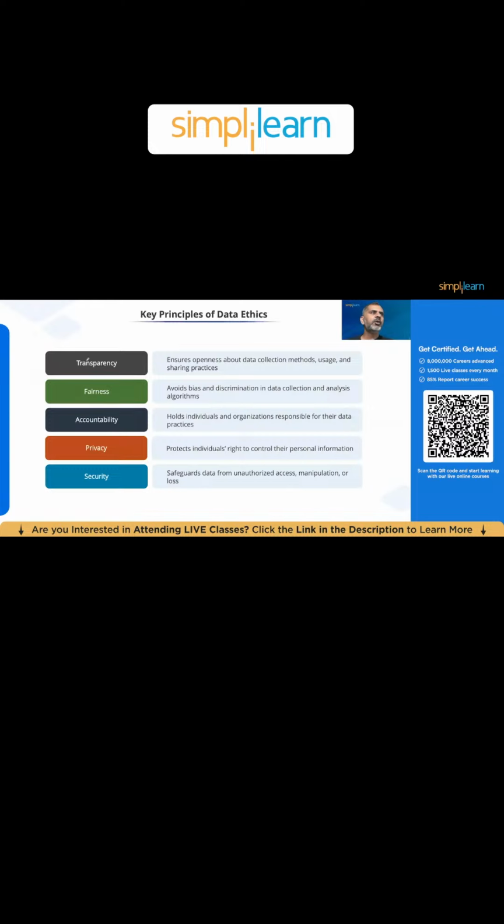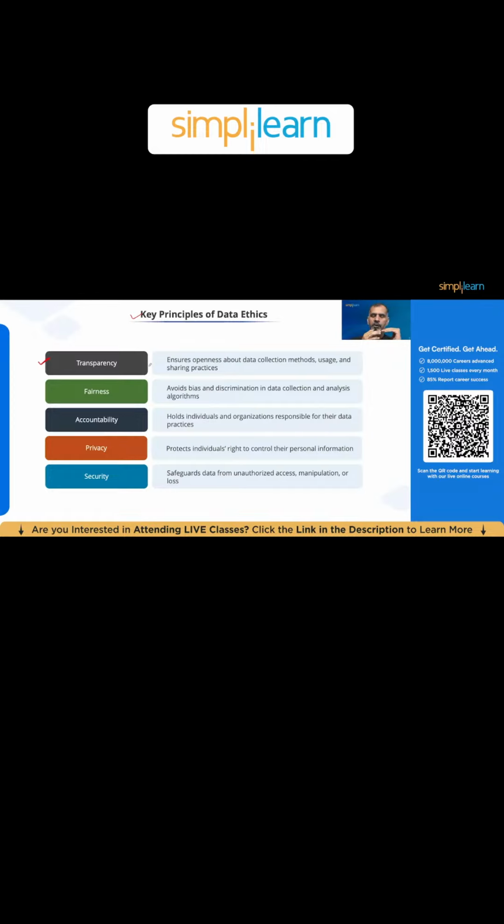So let's first understand the key principles of data ethics. As I said, the very first principle is transparency, which means you have to ensure openness about data collection methods, storage, and sharing practices. So whenever you collect data, you need to be very transparent.